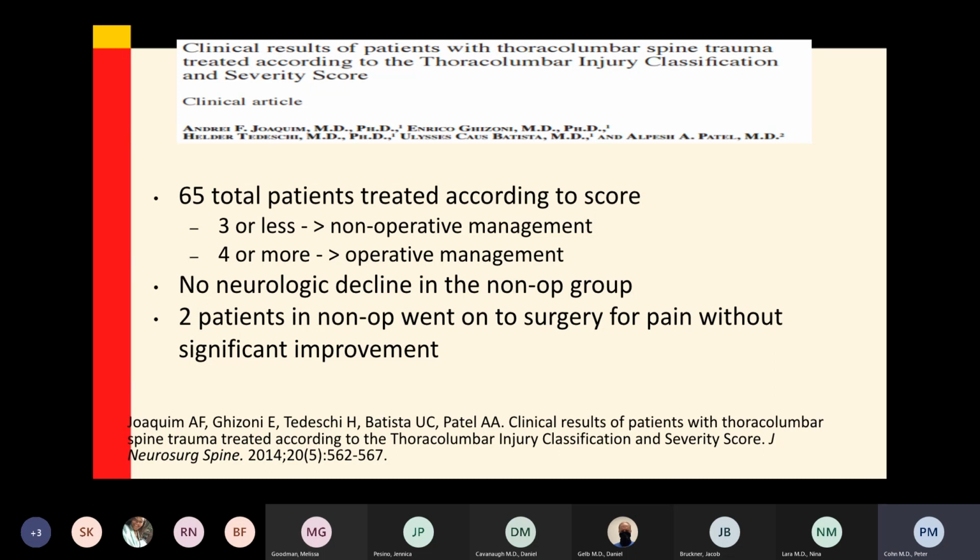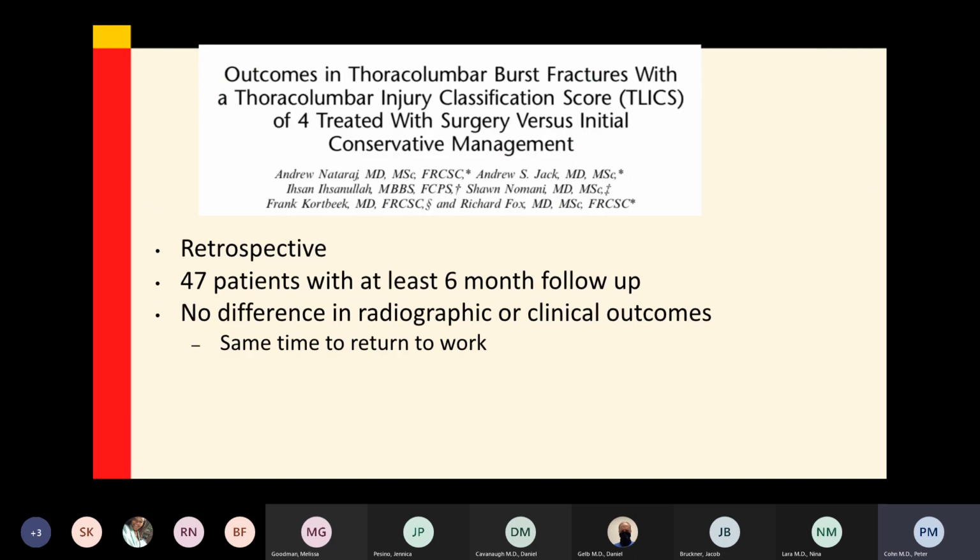Only 2 of those patients who were initially treated non-operatively eventually went on to surgery, and this was for continued pain and inability to mobilize without any significant improvement with conservative management. So this study essentially was saying that this seems like a safe classification system, particularly in the patients that it deems are safe for non-operative management.